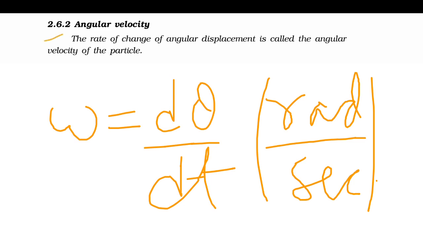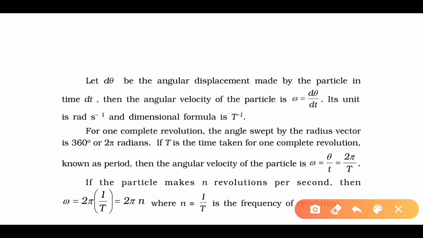Angular velocity. The rate of change of angular displacement is called angular velocity of particle. Let d theta be the angular displacement made by the particle in dt time.